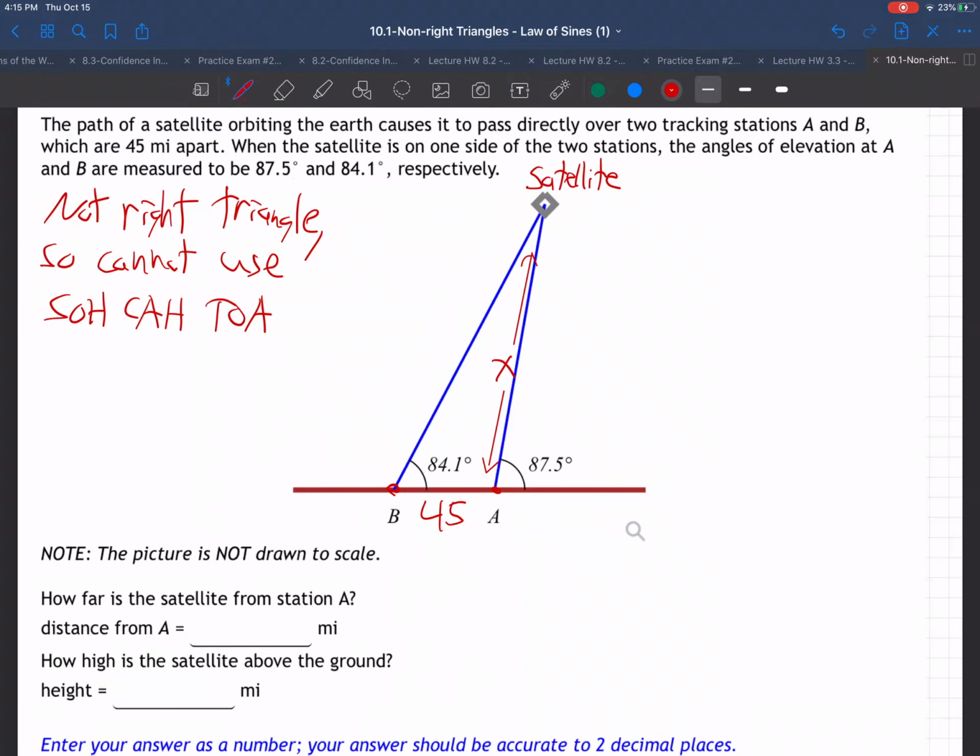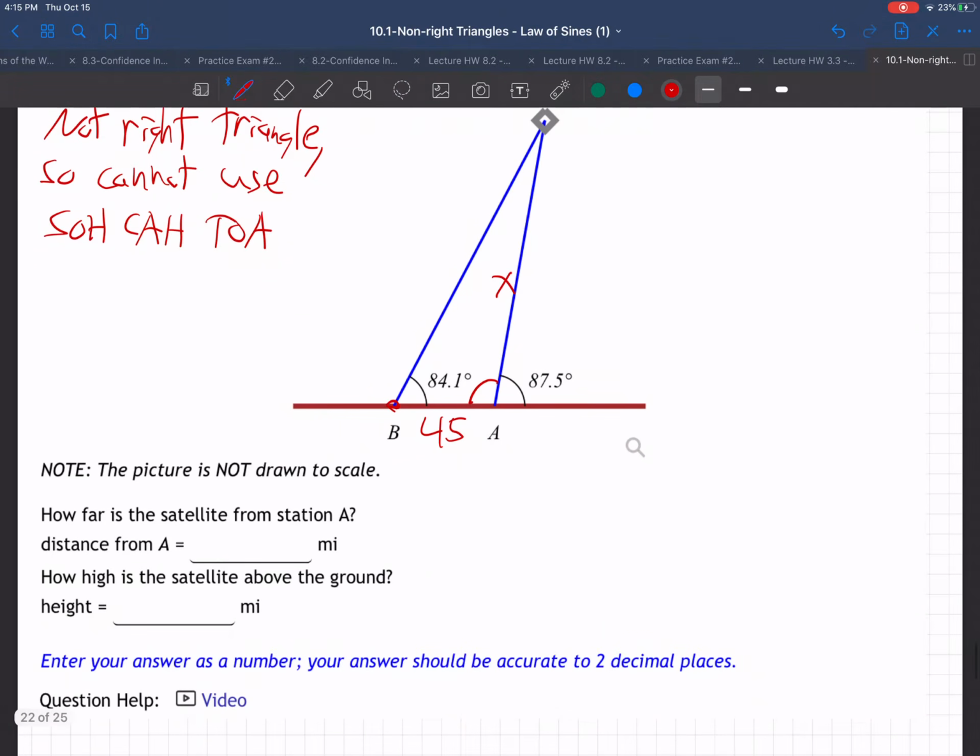Let me get rid of this a little bit here. Can I find this angle here? Yes, it's got to total 180. So step number 1: 180 minus 87.5 degrees. I'm going to use my calculator. I'm getting 92.5 degrees.